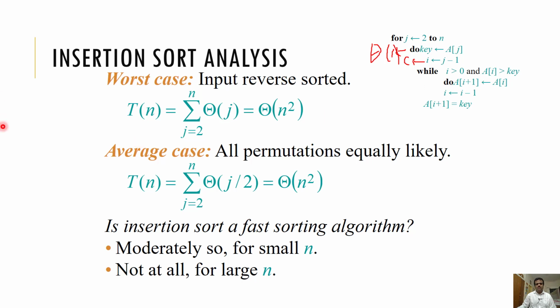Inside this loop, whatever we are doing is again theta of 1, but the size of this loop is order of j. So, the total time is theta of j, order of j you can say, because these are just the assignment i equals j minus 1 and checking whether i is greater than 0. So, that is why we will take this away.